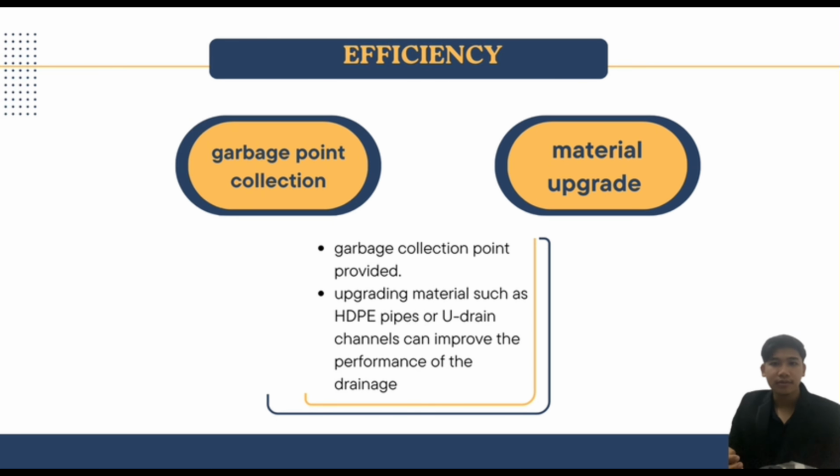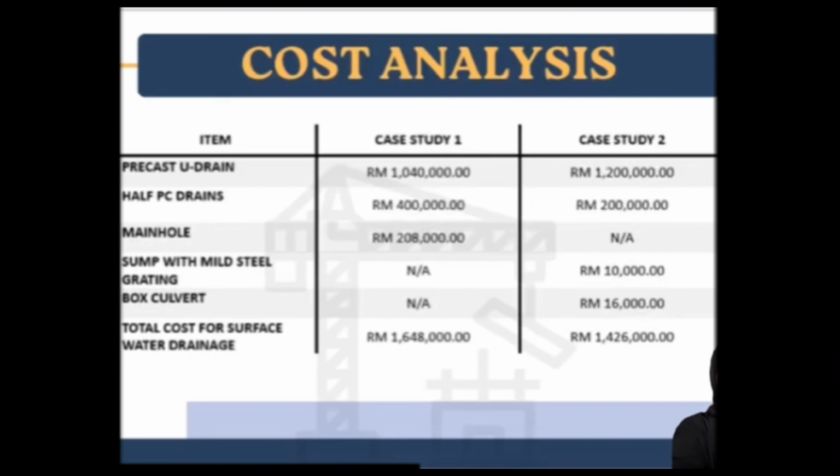For case study number 2, Taman Perwira Seri Iskandar should upgrade their piping material, such as HDPE pipe. This is to improve the performance of the pipe to transfer the water flow without giving any damage to the drainage. We continue to cost analysis.